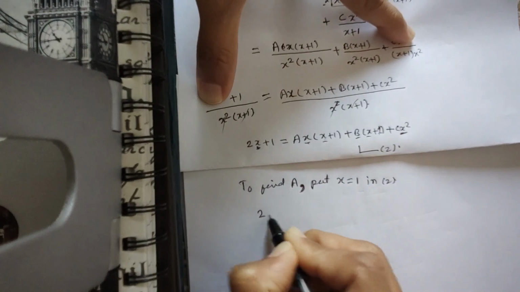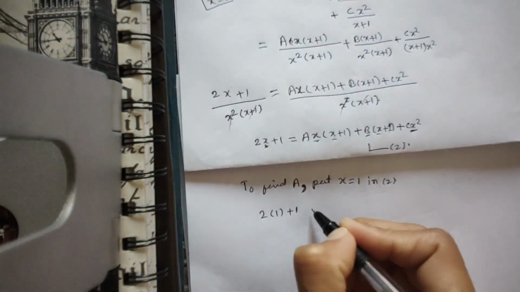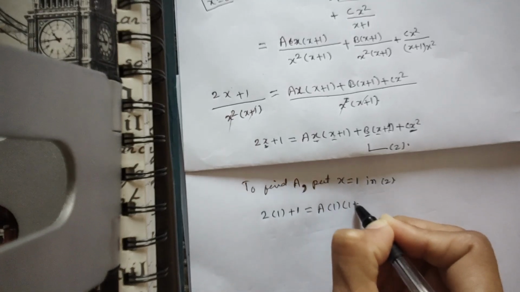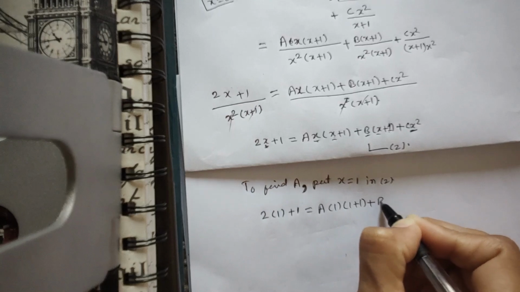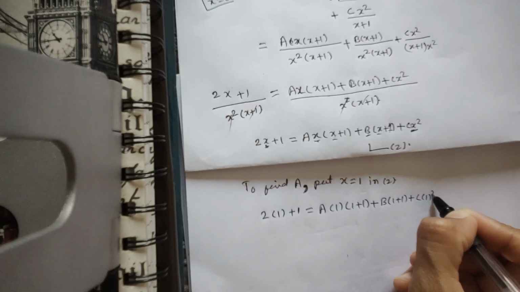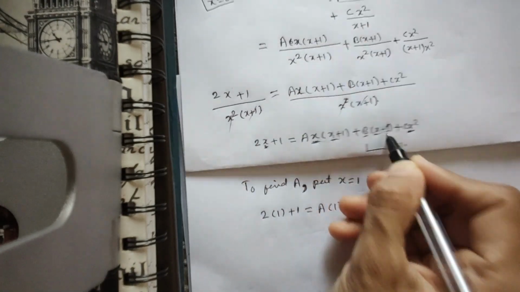So, I will get 2 into 1 plus 1 equal to a into 1 plus 1, plus b into 1 plus 1, plus c into 1 square. Just replacing x with 1.